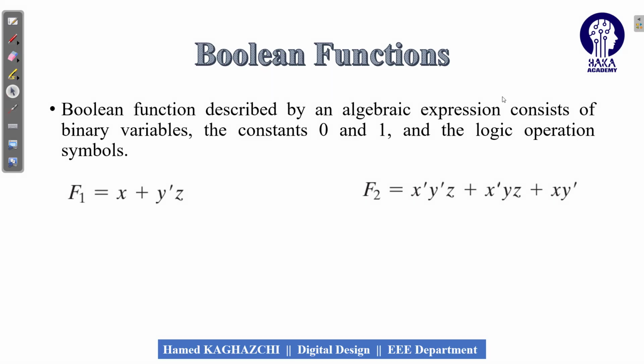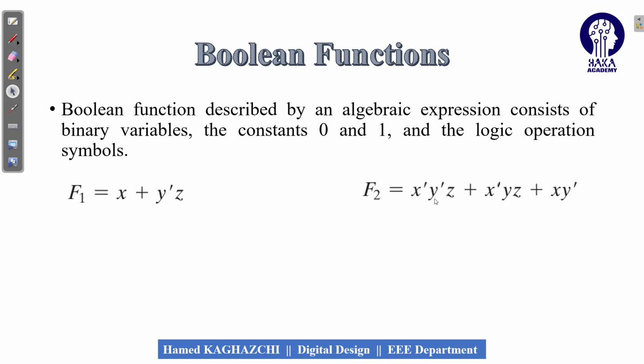But look at this function: f2 is x prime y prime z plus x prime y z plus x y prime. Now, looking at this function, we cannot say when f2 is equal to 1 and when it is not. So what should I do?